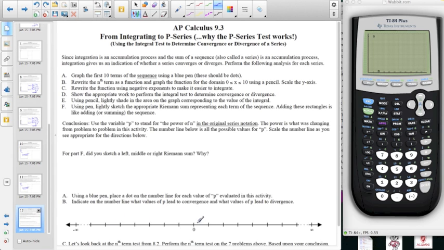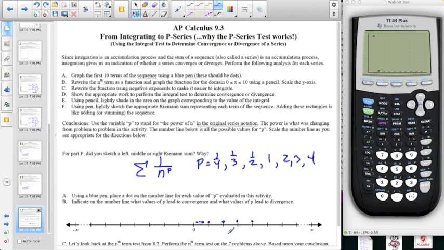We had a general pattern of 1 over n to some sort of power, and we had powers equal to 1/4, 1/3, 1/2, 1, 2, 3, and 4. So if we graphed these values of the power on the number line, we'd be right here, and right here, and right here, and here. There's 2, there's 3, there's 4.